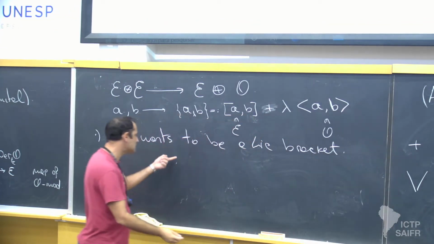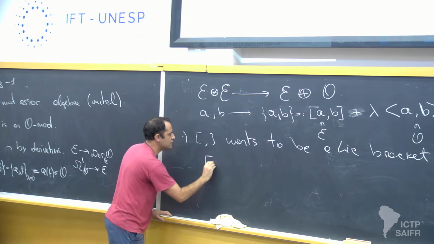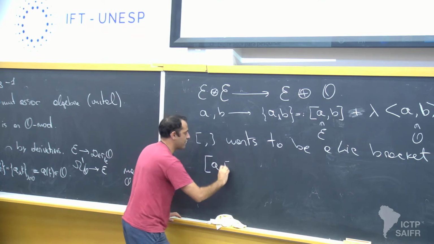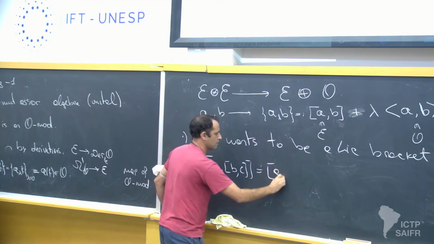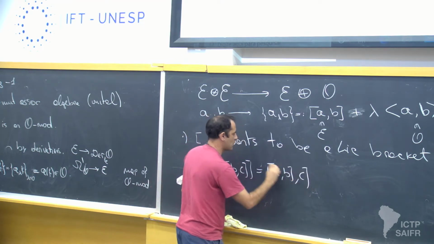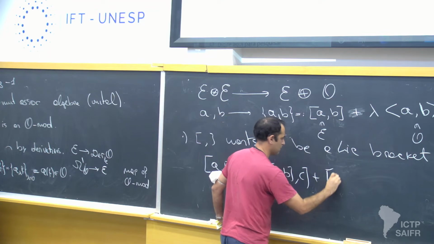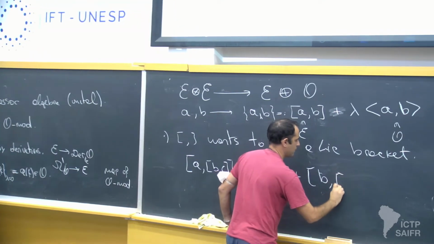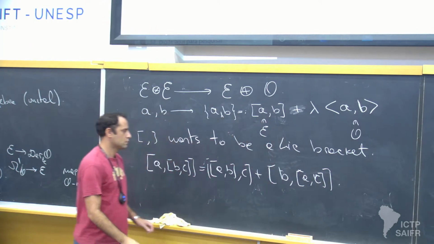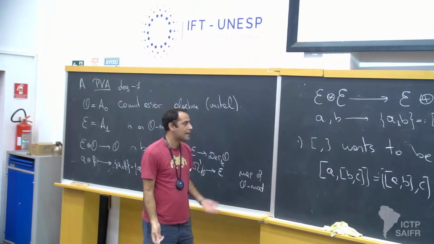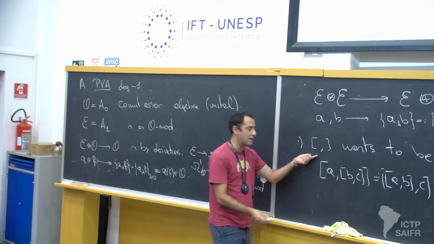What does it mean that it wants to be a Lie bracket? Well, the adjoint action is a derivation of that bracket. And indeed it is. So this form of the Jacobi condition is true. So this is satisfied. I cannot call it Jacobi because this guy is not skew symmetric.